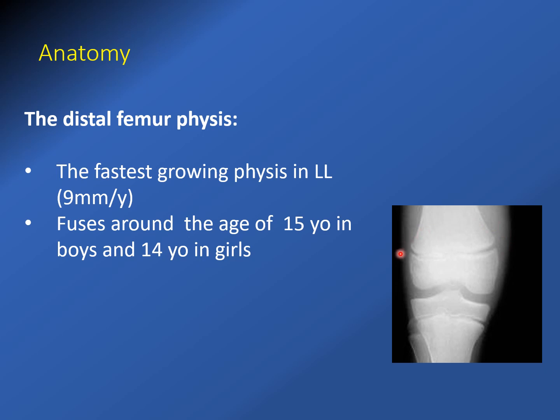So it's a very active area here, and most of the growth of your lower extremity comes from the distal femur, and it stopped growing, or what we use the word fuses, means these two parts become fused together around the age of 15-year-old in boys and 14-year-old in girls.